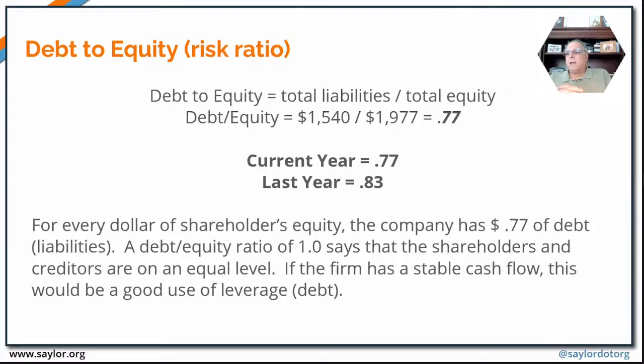And remember, debt is to the advantage of the shareholders. As debt increases, the return on equity to shareholders increases. Why? Because we're using somebody else's money, not just theirs, to generate a return. And so that can have a positive impact. But we can't have too much debt because it increases the risk of default.